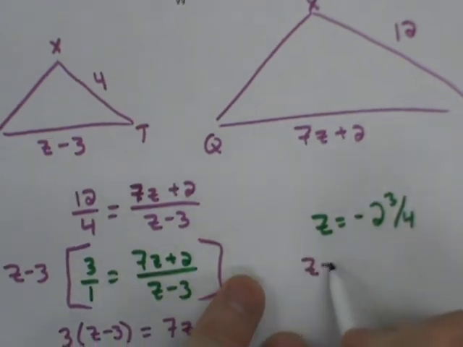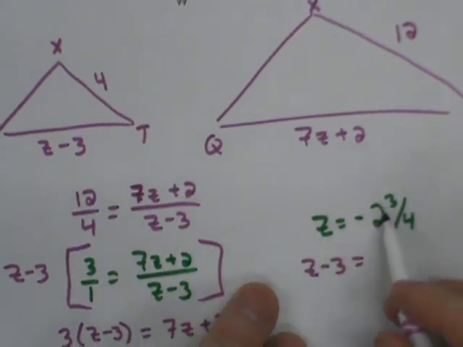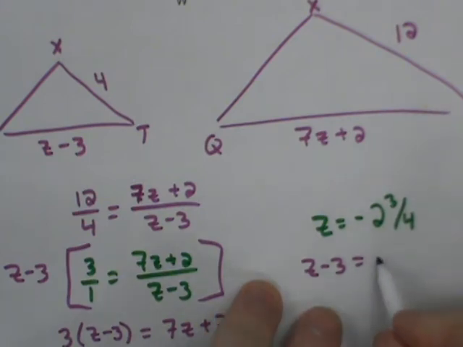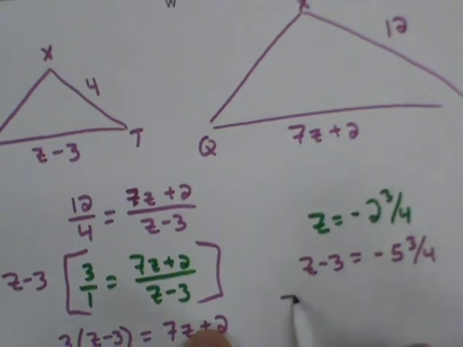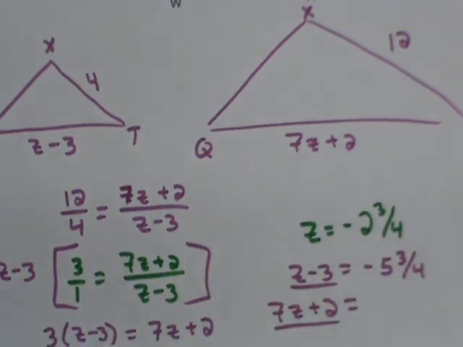If I say Z minus 3 here, that would be negative 2 3/4 minus 3, which would be negative 5 3/4. For the second one, I think I'm going to have to use my calculator for that. So I'll say negative 2 3/4 times 7 plus 2, and my calculator tells me negative 17 1/4.